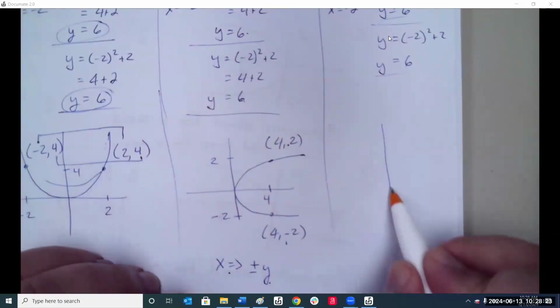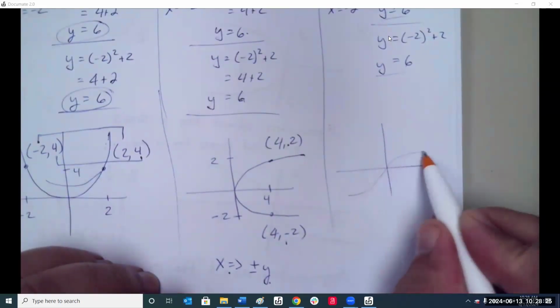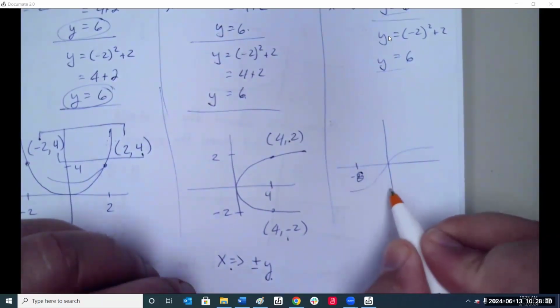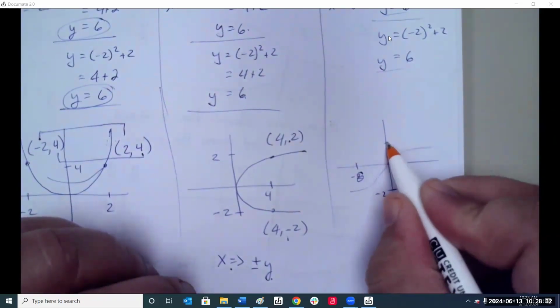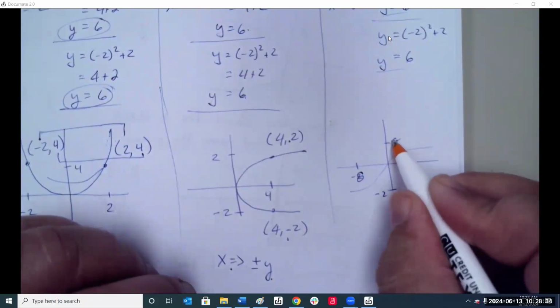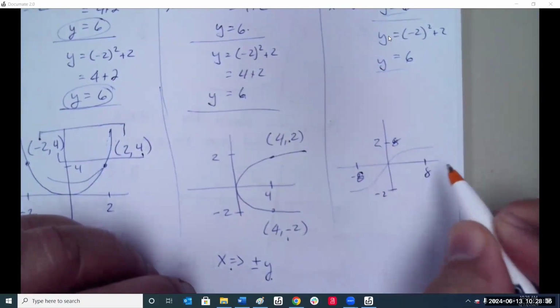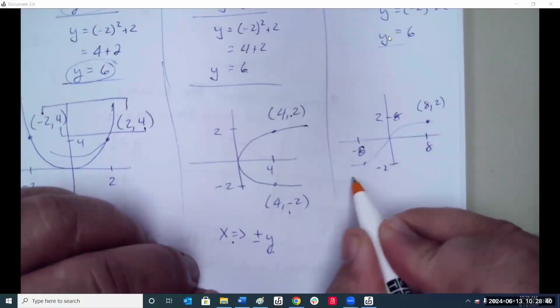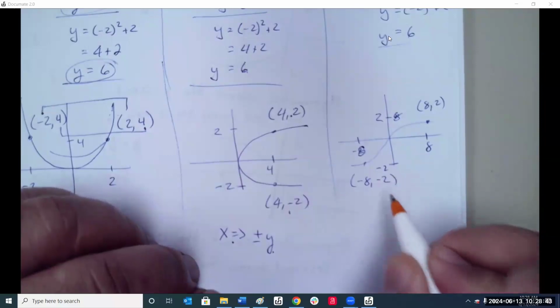So what do we notice about the x-axis? I mean, around the origin. This point is 8, 2. This point is -8, -2.